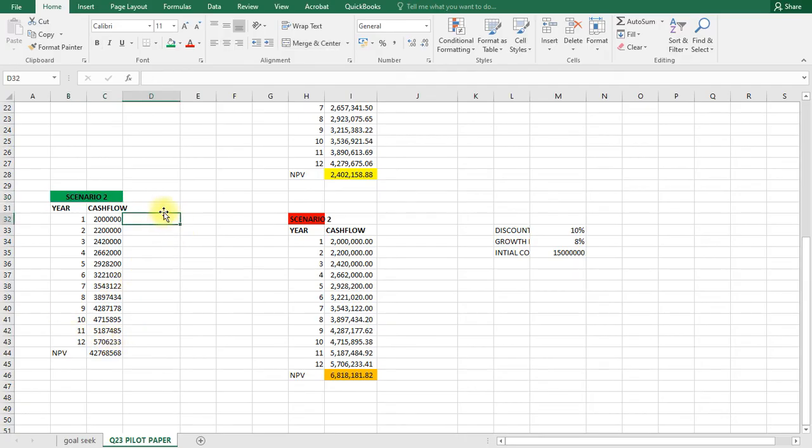and our discounting rate, in this case discount rate, and our growth rate, and our initial cost.